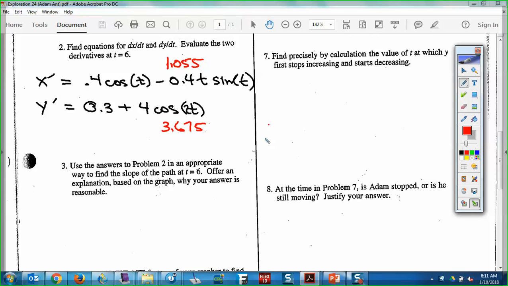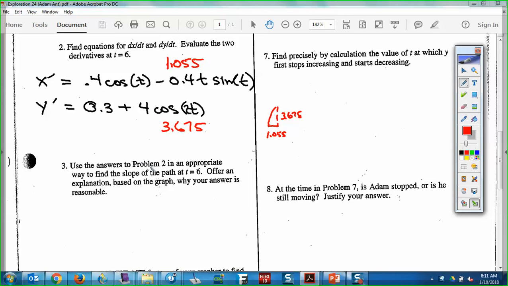Now, is he going more up or more to the right? More up. That velocity is more. In other words, he's going 3.675 compared to 1.055 to the right, correct?